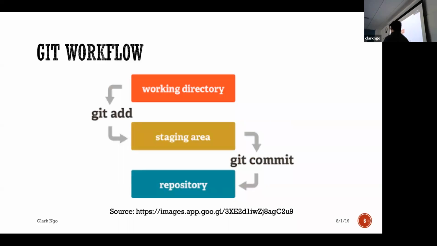Before, I just tried to compress it. But basically, when you first enter the git code and create your branch, you're in your working directory. Once you make some changes or create a new file and you hit git add, it puts those files in a staging area.